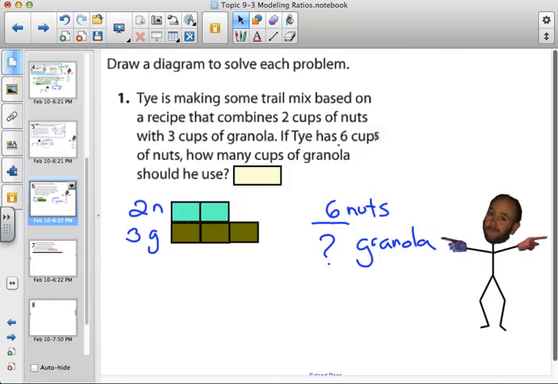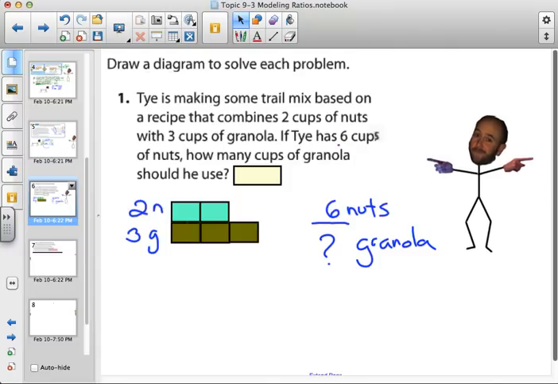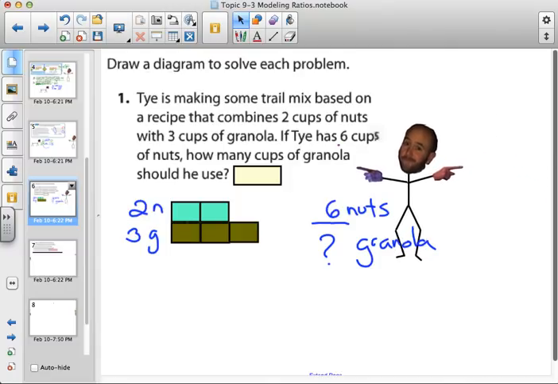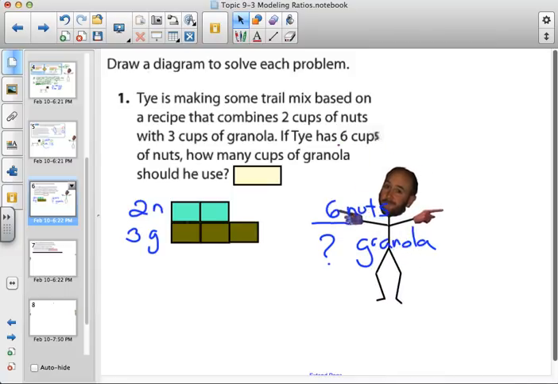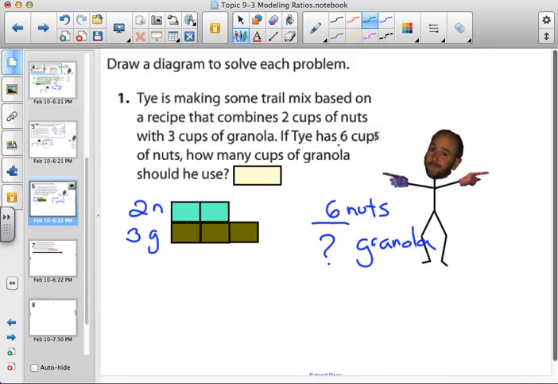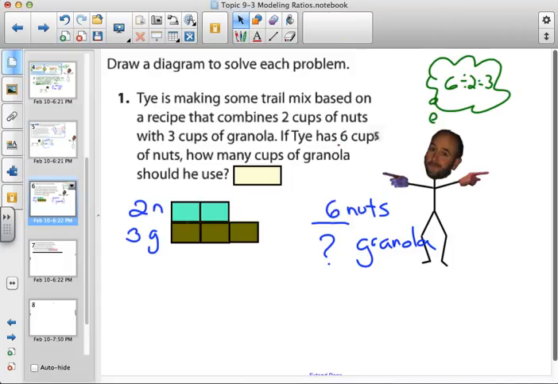Well, in this situation, what you can do is say, if I take 6 and divide 6 in my head by 2, I will get 3. So I can say to myself, for every 2 cups of nuts, I will need 3 cups of the granola.